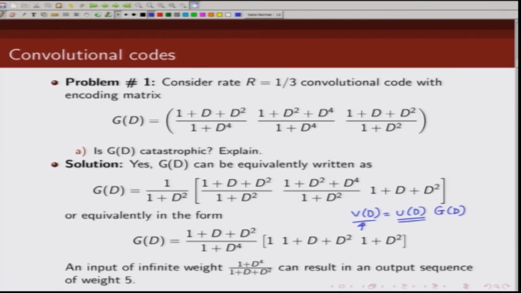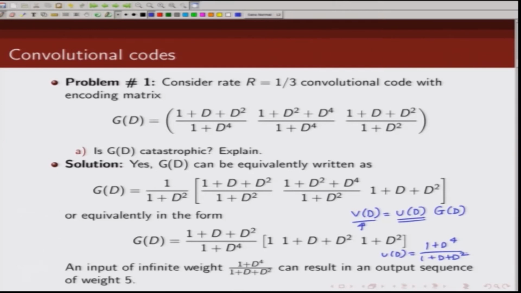If we pay close attention to G(D), we notice that if our input U(D) is chosen as (1 plus d4) over (1 plus d square), then what will be the corresponding output V(D)?